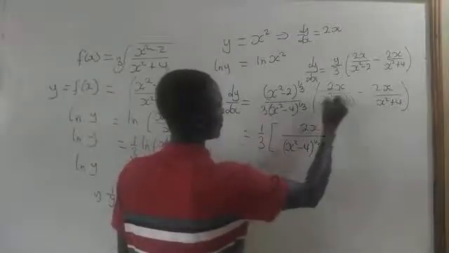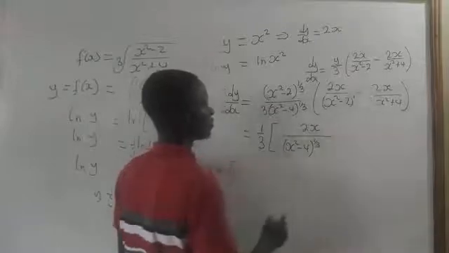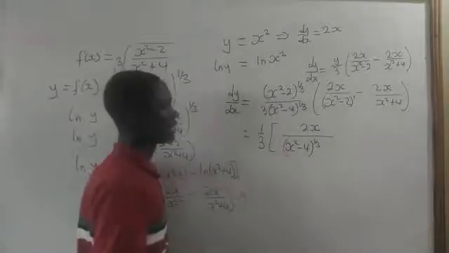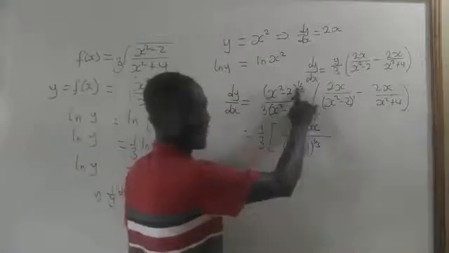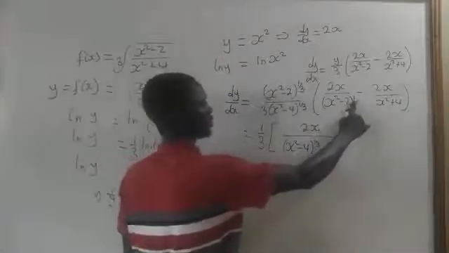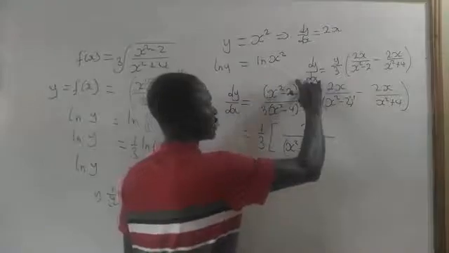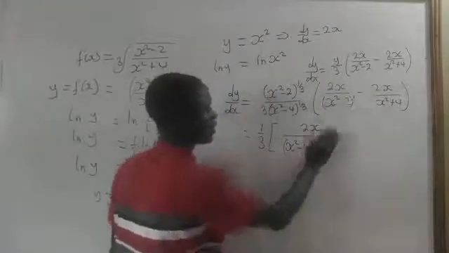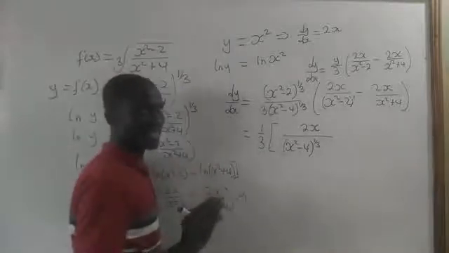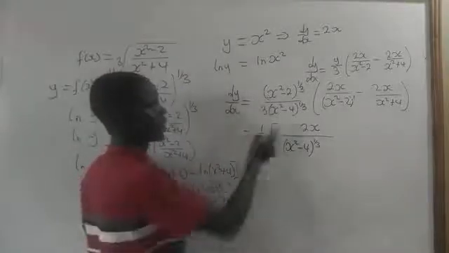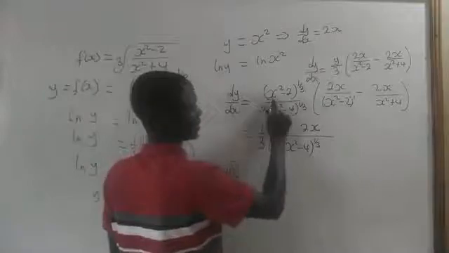Now, this one is carrying power 1. So you see that here, 1 is greater than 1 out of 3. So don't go and take 1 from 1 out of 3. Just take this one from that so that this term will remain here. Check the trick. I'm going to divide this by that. This is x squared minus 2.